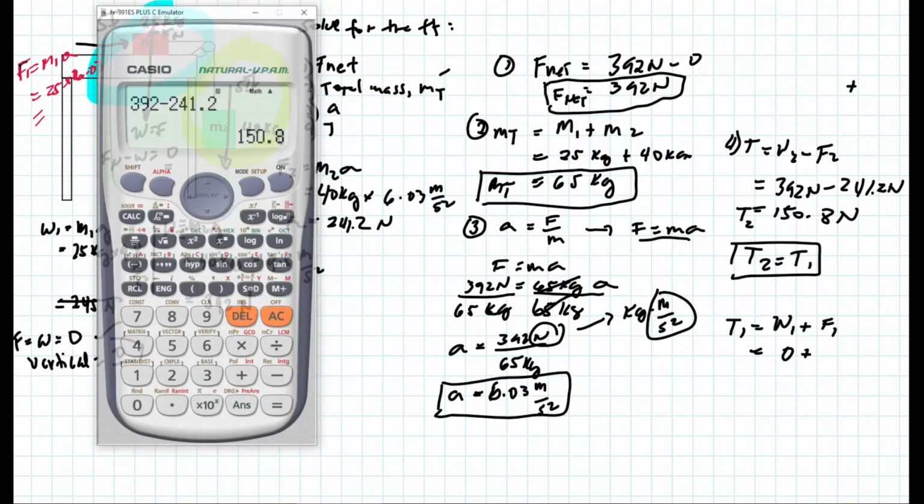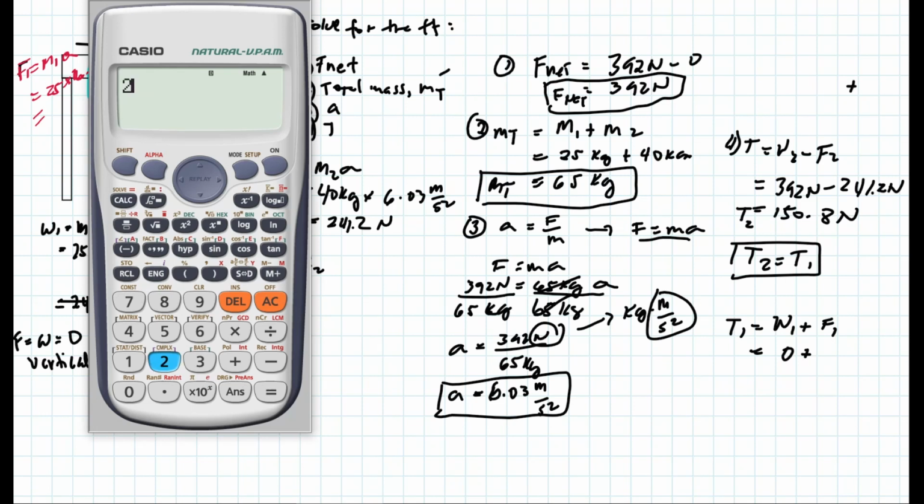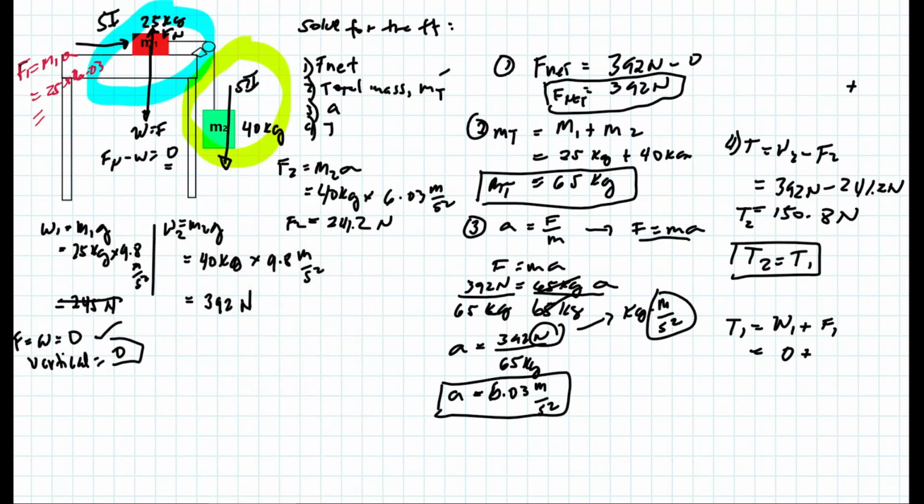So that's 25 multiplied by 6.03, and that will give us 150.75 newtons.